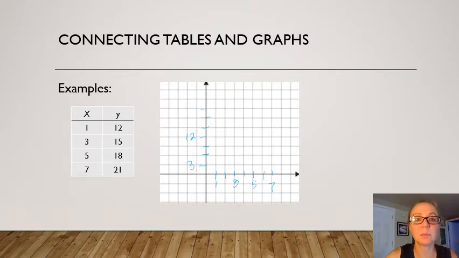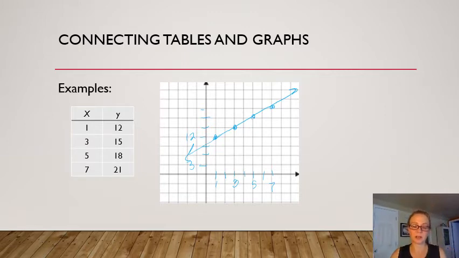Now 1 corresponds to 12, 3 corresponds to 15, 5 corresponds to 18, and 7 corresponds to 21. And you can see again that the points line up in a straight line, showing you in another way that it is a linear function.